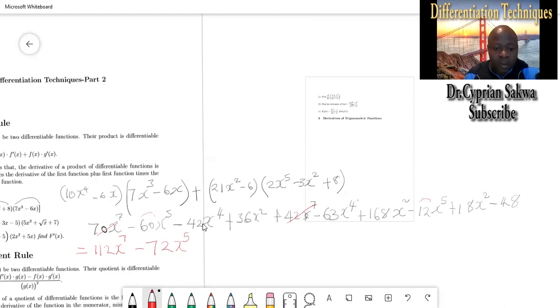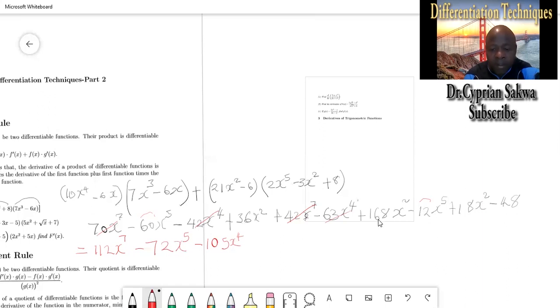Let's come to x raised to 4. We have this negative 42 and this negative 63, put together to be negative 105x raised to 4. I'm done with this and that, cancelling so that I keep track of what I've dealt with. Now I have x squared, another x squared, another x squared.